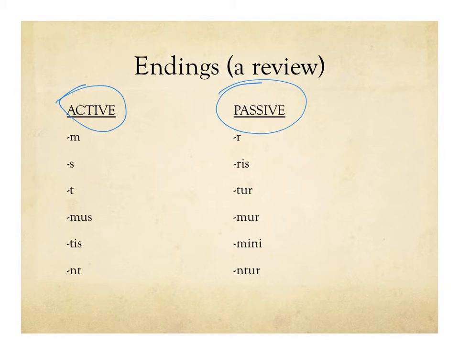And these are the endings that we're going to be using for our subjunctive forms. So there's nothing new here. These are the same endings that you've been using to form, say, the future or the imperfect or whatever, right? These should be totally familiar to you. And what we're going to do is take these and then smush them onto slightly different verb forms, and that's going to give us our subjunctive form.